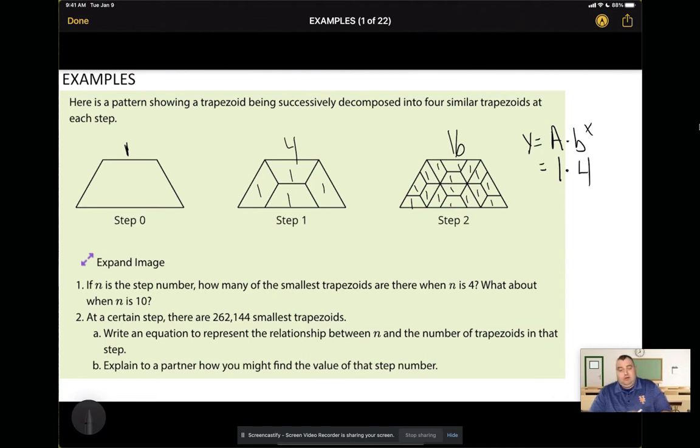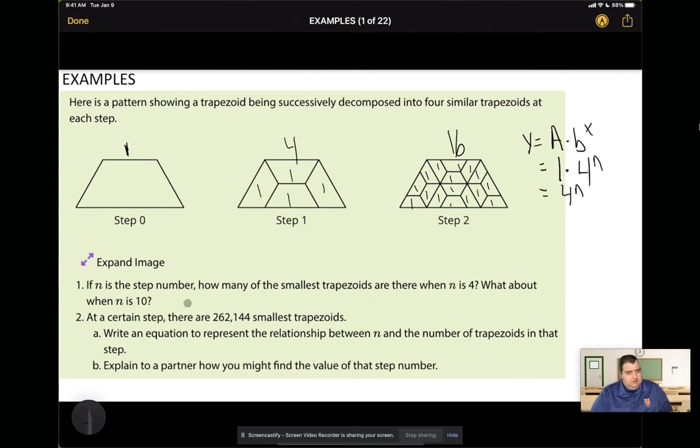So it would be 4 to the power of x, or in this case, it says to use n as the step number. So it would be 1 times 4 to the power of n. And in fact, because my initial value is 1, I really don't need to write it, because 1 times anything is itself. So my equation is going to be 4 to the power of n.